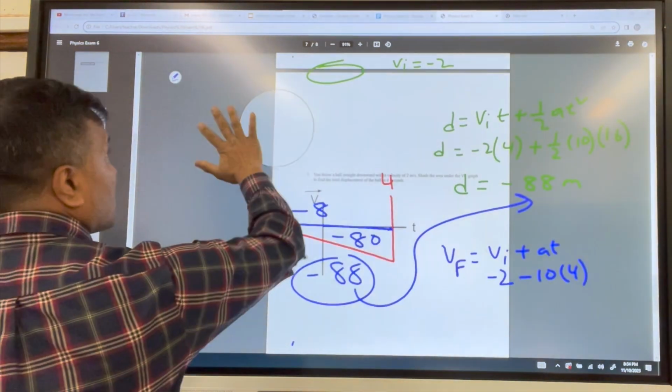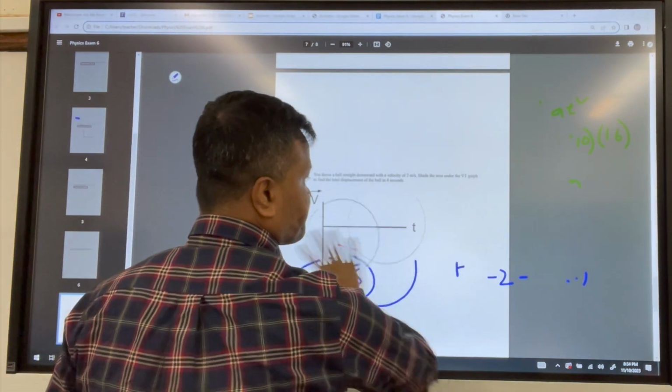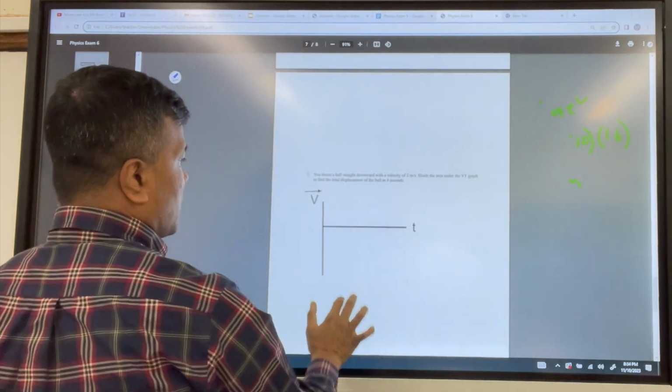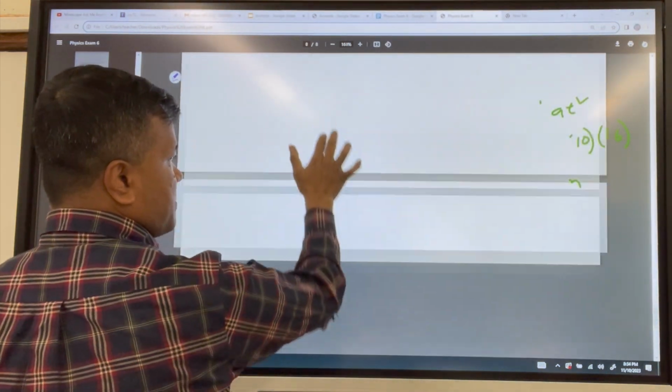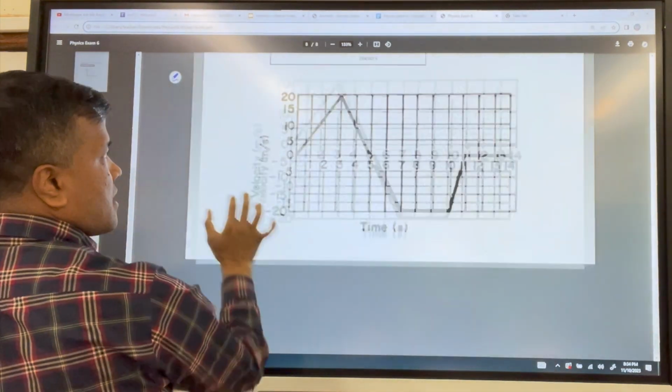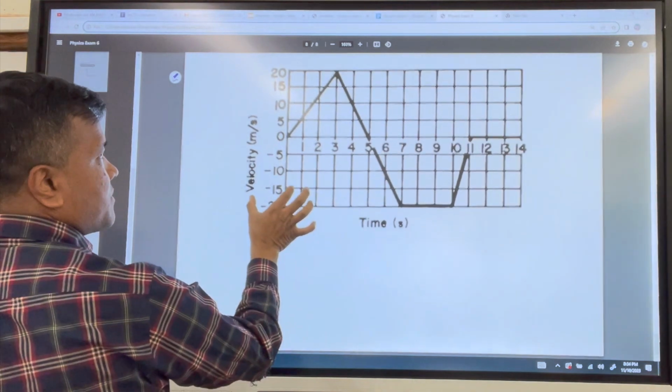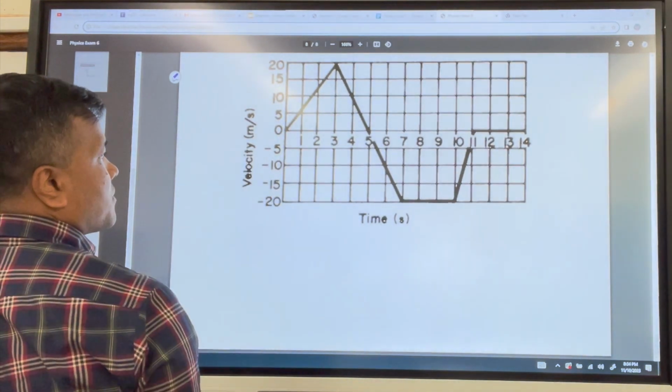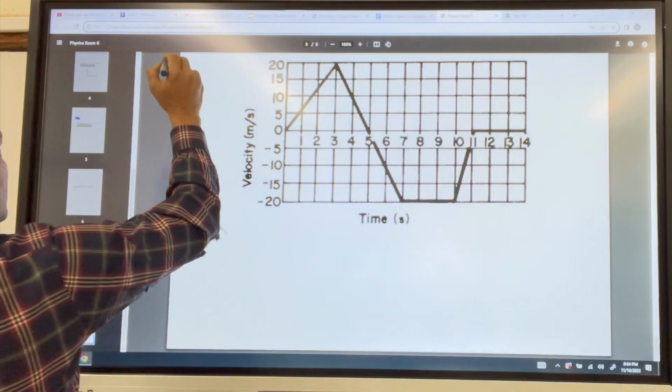That takes us to the last problem, the last problem for exam number 6.